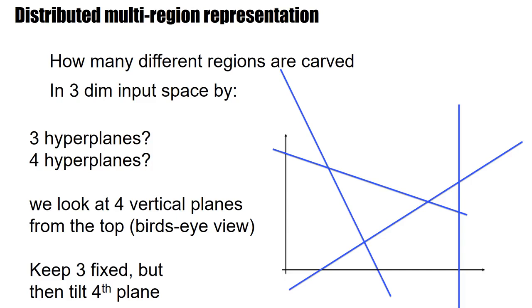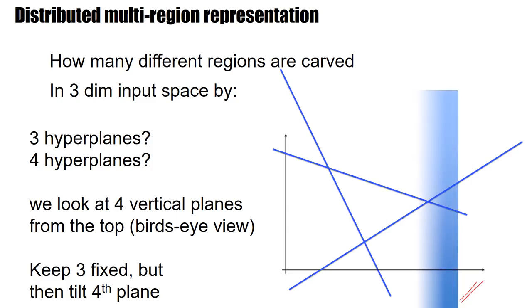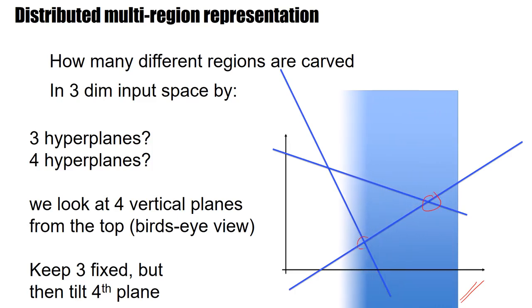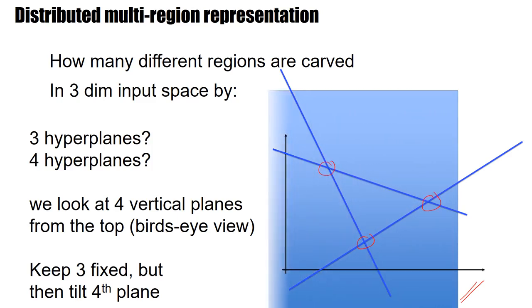But now I can start to tilt one of the hyperplanes. If I do this, I create new regions each time it goes over one of the crossings. And this now continues to this final formula.